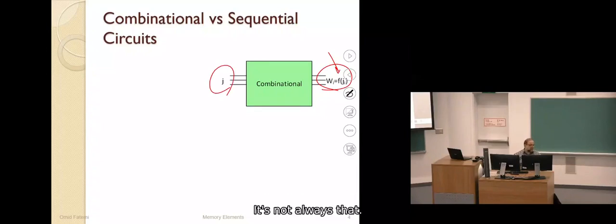It's not always changing. For example, in an OR gate, when we have 1, 0, and you change 0 to 1, it still remains 1. But the output is determined by the inputs only. So we can write W is a function of J, where J is the input set.